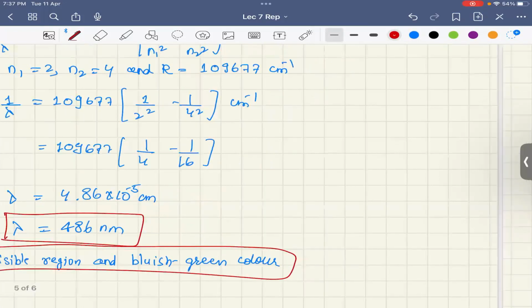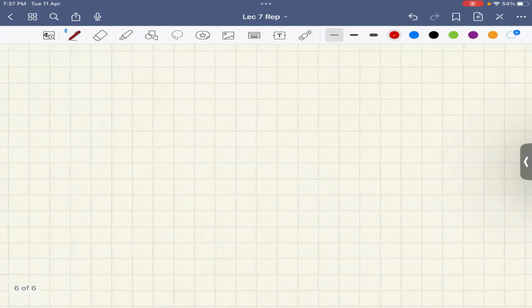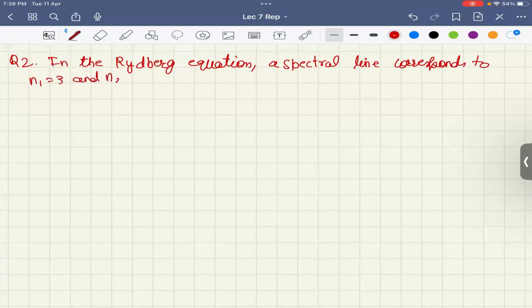So the next question, question 2, right? What we have is a spectral line corresponding to n1 is equal to 3 and n2 is equal to 5.